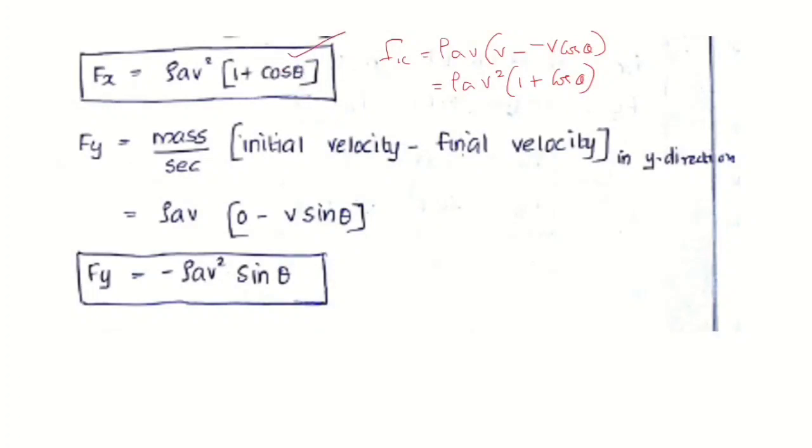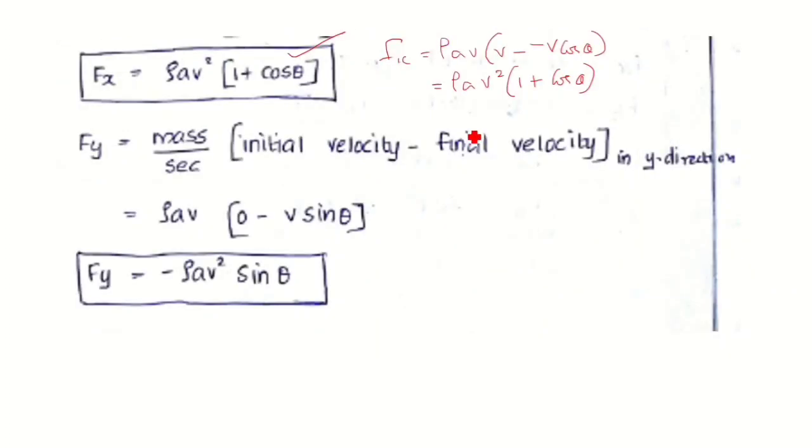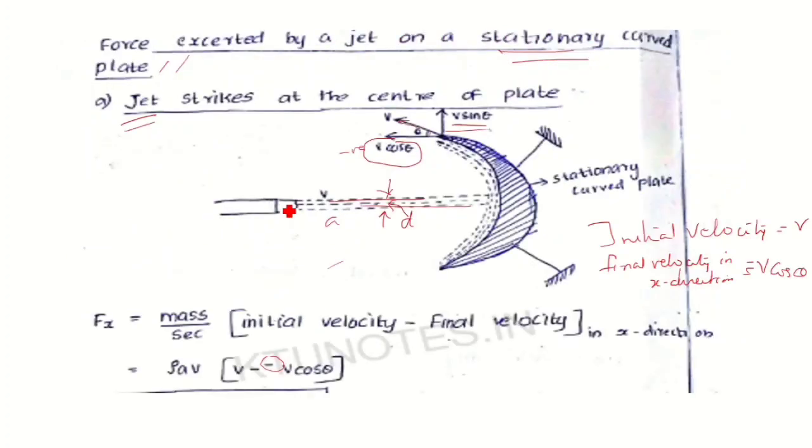In the y direction there is a component of velocity, v sine theta. In the x direction v cos theta, and in the y direction v sine theta. So the force exerted by the jet in the y direction is equal to mass per second into the initial velocity, and there is no initial velocity in the y direction.